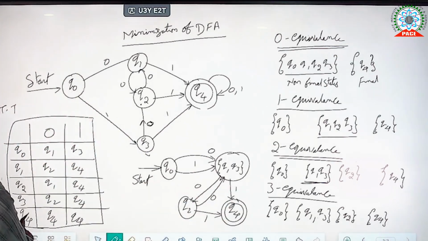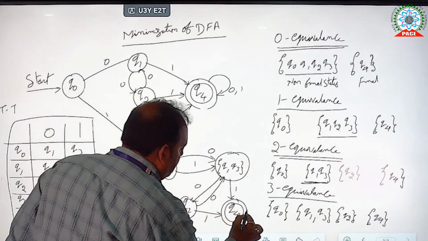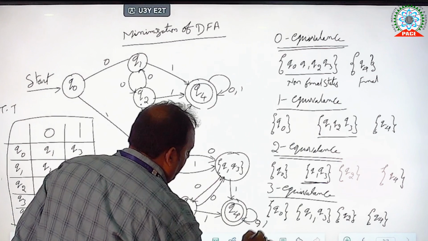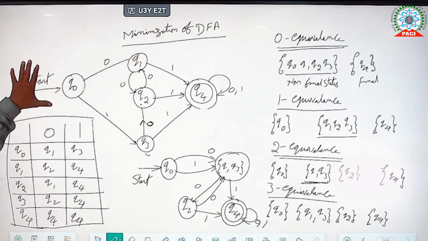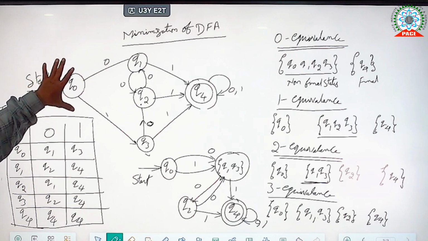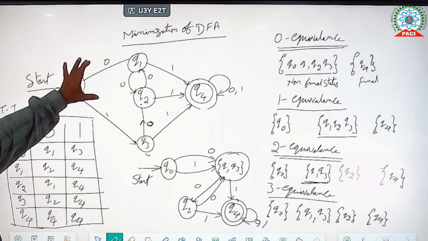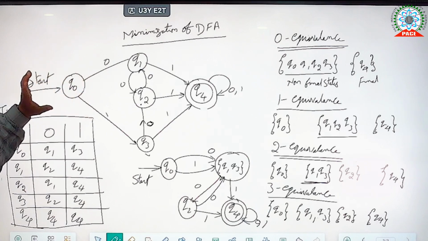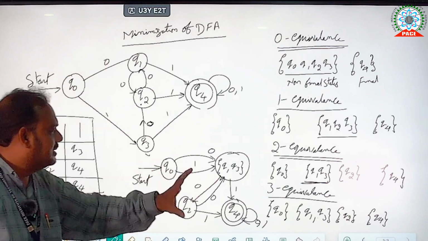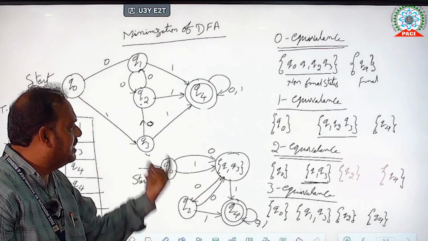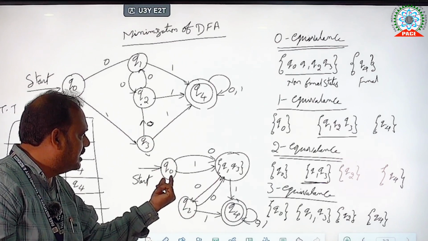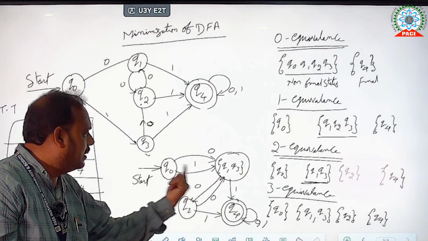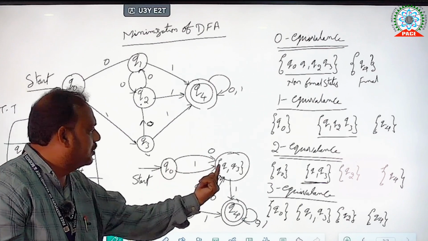So after minimization of the DFA like this, the above diagram has 5 states along with 0 and 1 inputs, and it follows the DFA rule. Here I am minimizing the given diagram. Q0 is the start state, with 0 and 1 transitions to Q1 and Q3. Q1 and Q3 also have 0 and 1 transitions to Q2 and Q4.